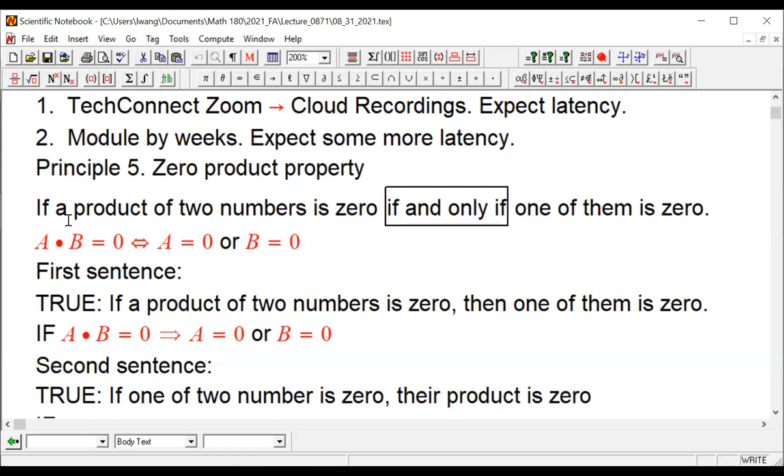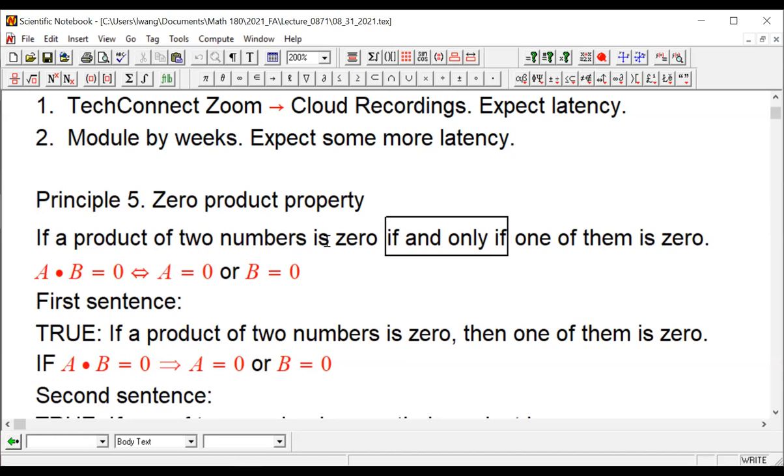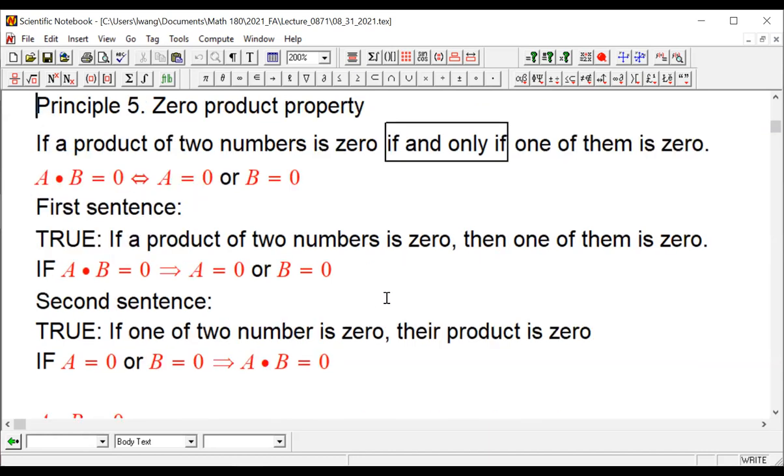I just explained this to you. This explains why you spend so much time doing factoring. You did, right? I did too. So that's principle number 5. Any questions?